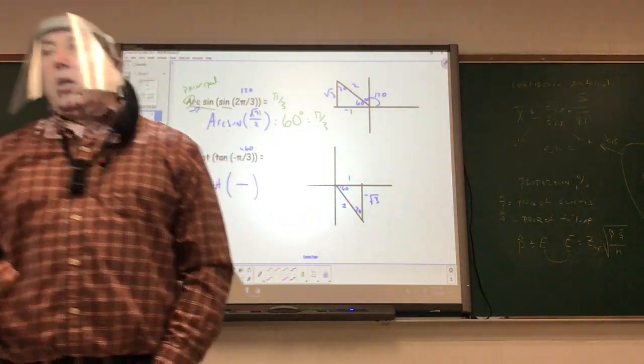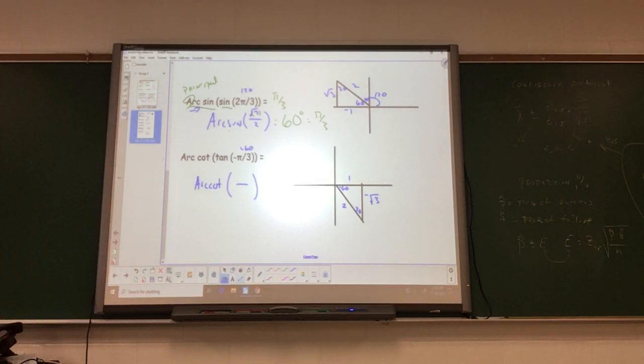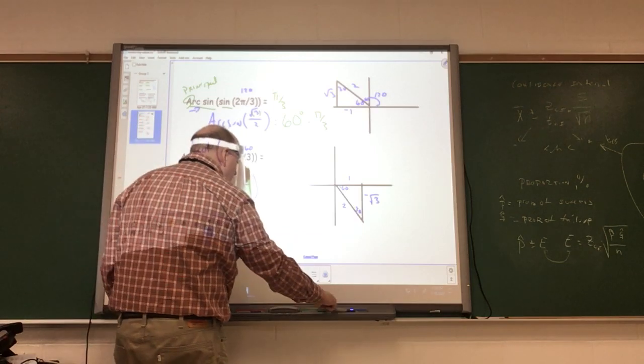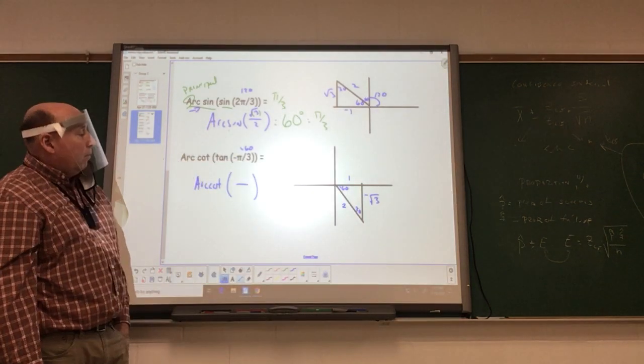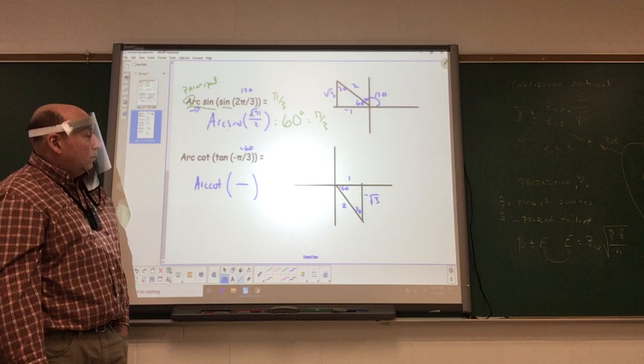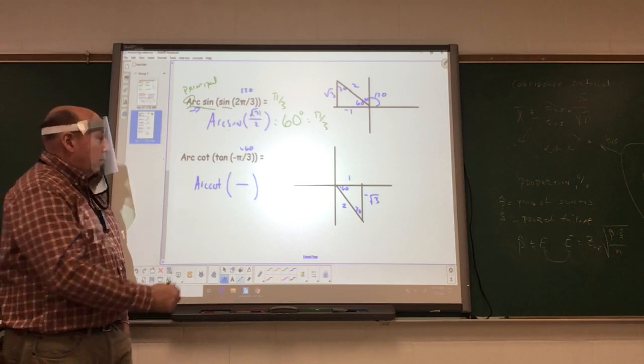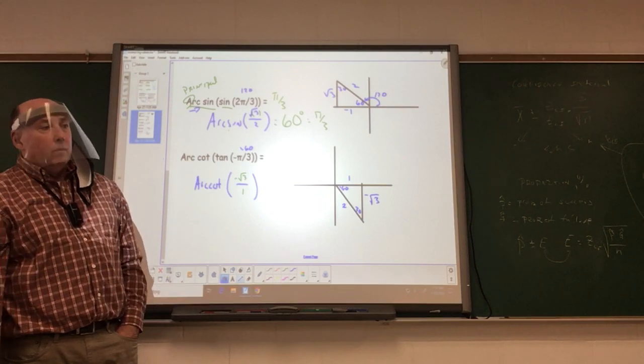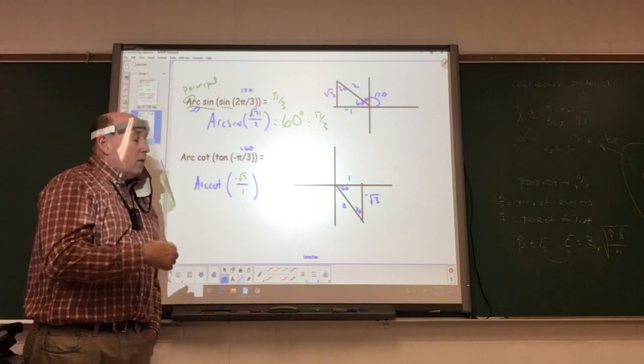So if I look at my tangent of negative 60 degrees, Bennett, what is it? What's my tangent down here? Negative square root of 3 over 1. So I'm taking the arc cotangent of that.